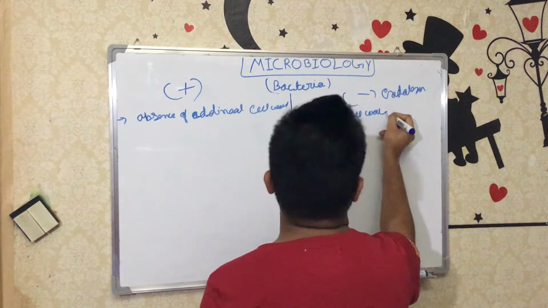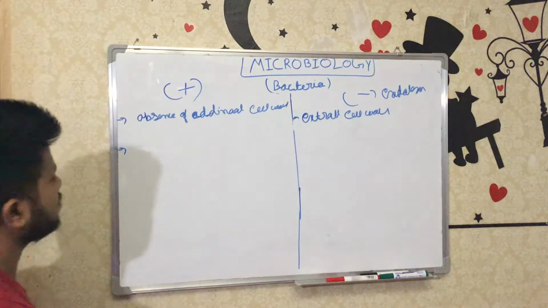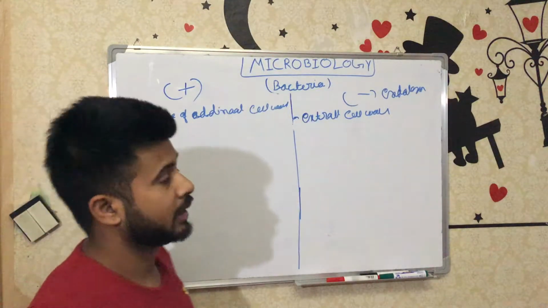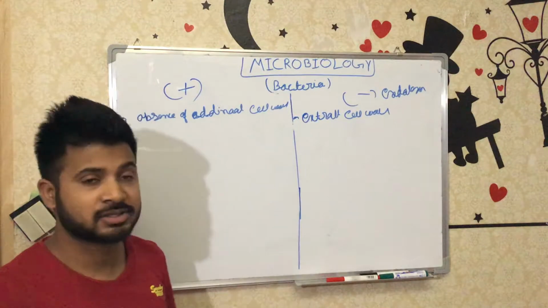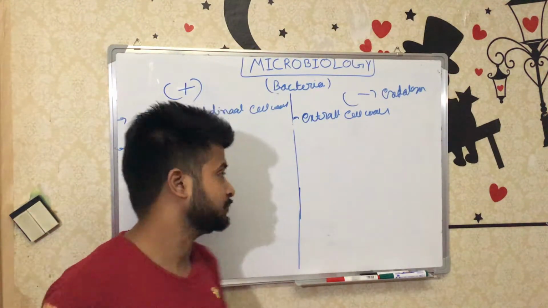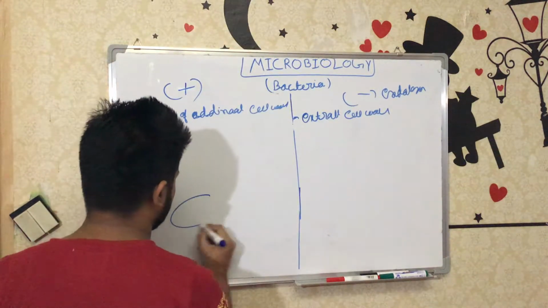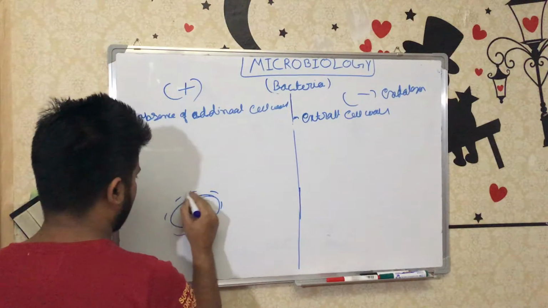Next difference. One thing I forgot to mention: the gram positive has teichoic acid, just like the gram negative has lipopolysaccharide. So this is the plasma membrane. This is the peptidoglycan.